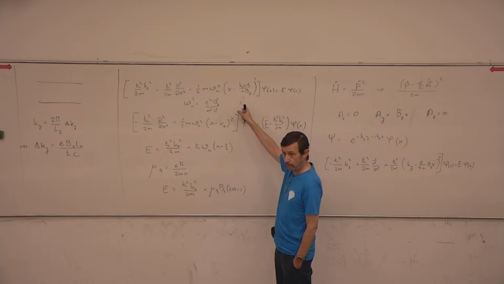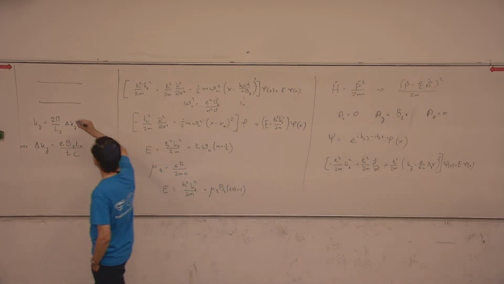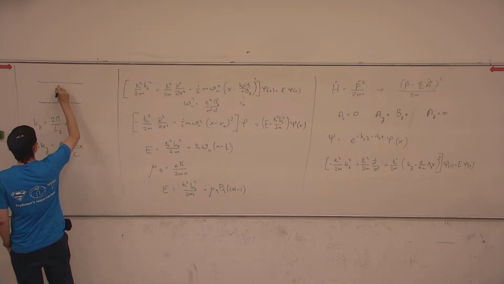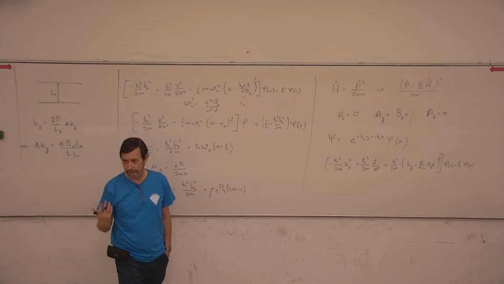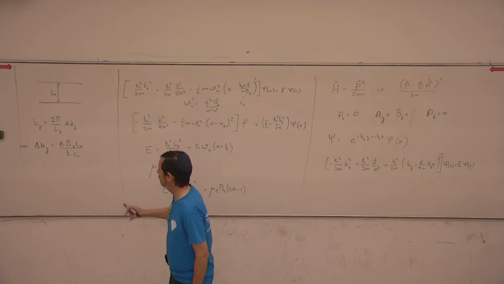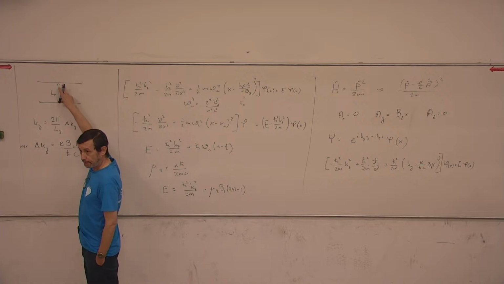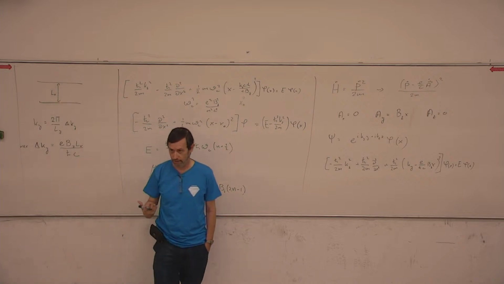I have a center, right? So if the width is Lx, I can't have the center out of the range of the physical open places to put the center of the harmonic oscillator.